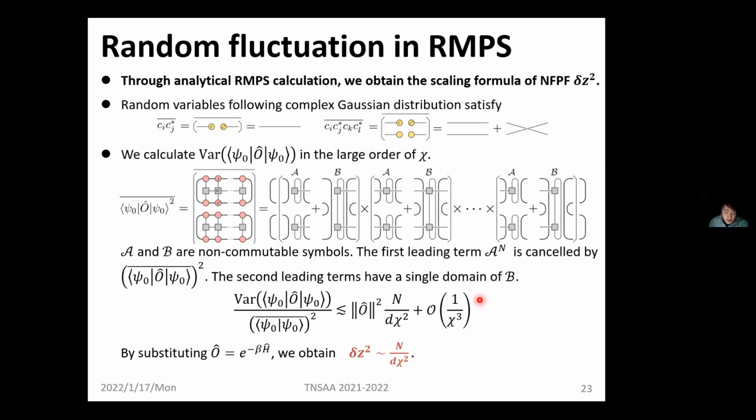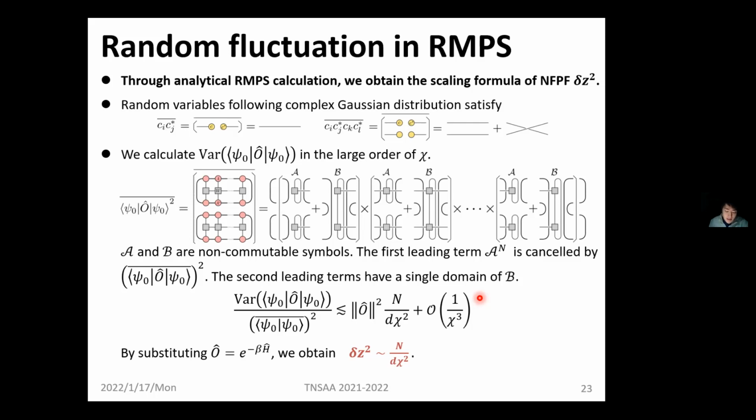The A to N term disappears since it is subtracted by the square of the expectation value of O. The largest remaining terms include a single domain of B. With a system size n equals 3, examples of leading terms are AAB, ABB, BBB, and so on.